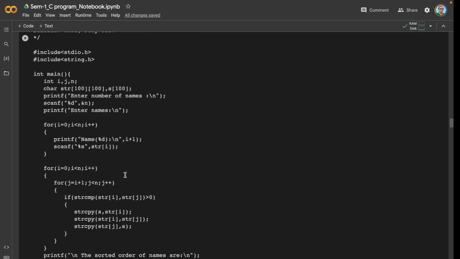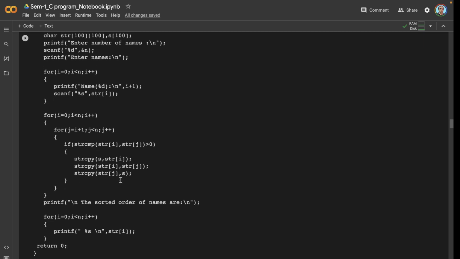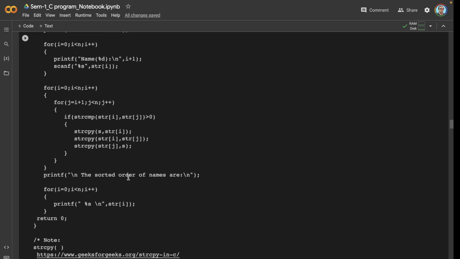For loop i equals 0 to n minus 1, j equals i plus 1 to n minus 1, and if strcmp of name i, name j is greater than 0, then strcpy s, name i; strcpy name i, name j; strcpy name j, s. Then printf the sorted order of names.